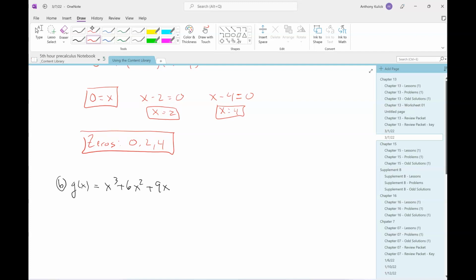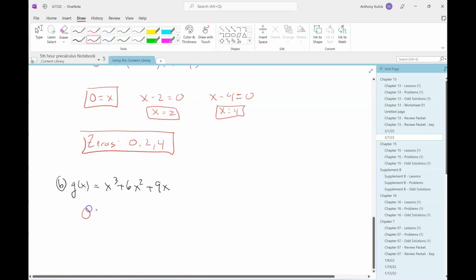Let's do another. What was the first thing we wanted to check? Excellent. Greatest common factor. Juicy one.